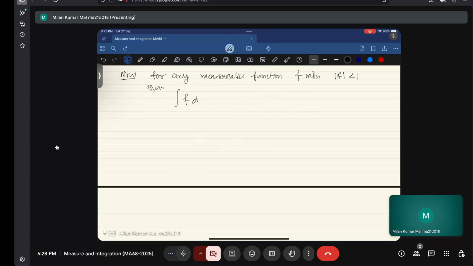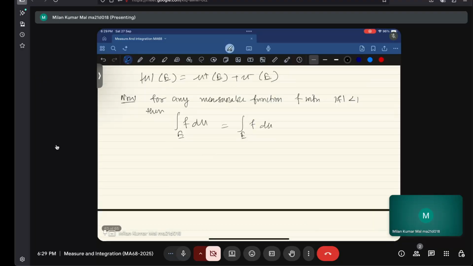The integral of f d mu over E can be written as the integral over E of f d mu plus... mu is finite, that is also there.